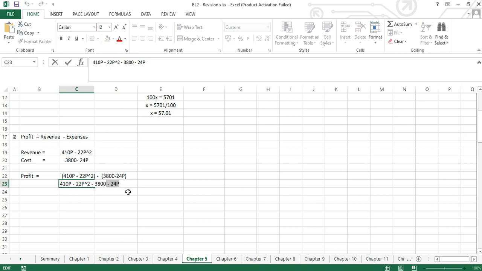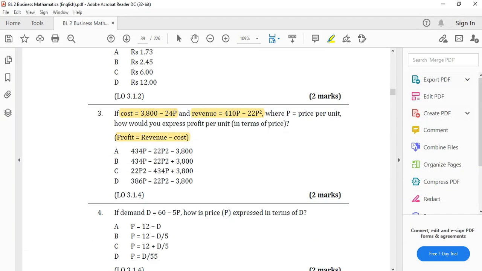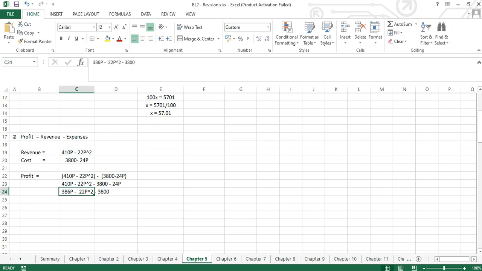They are only multiplied by p, so of the same category. So 410 minus 24 will be 386p, minus 22p squared, and the remaining 3800. This should be your simplified formula for profit. The last answer, D.